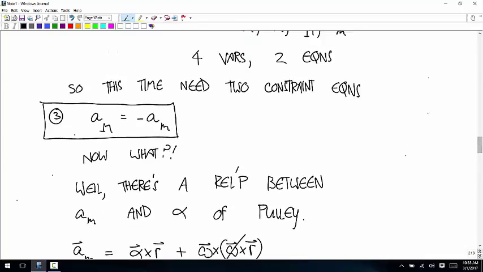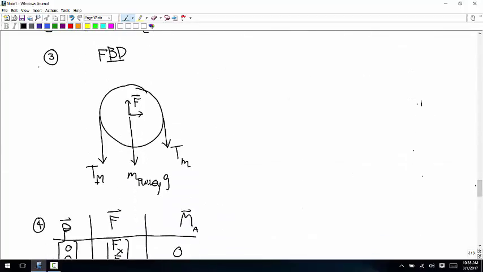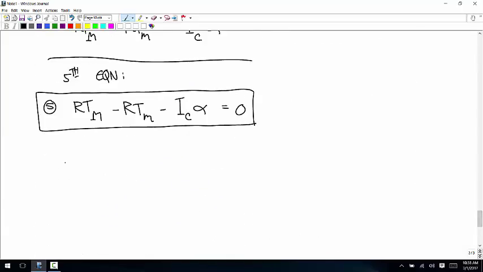But we are going to substitute 3 into 1 and 2. So we'll sub in equation number 3 and rewrite the equations.